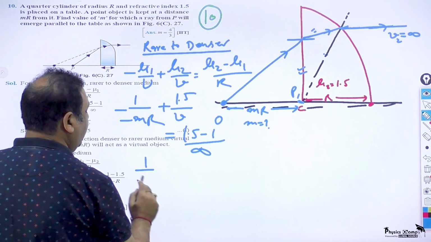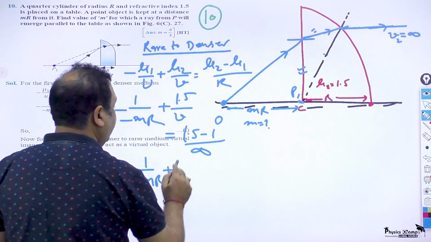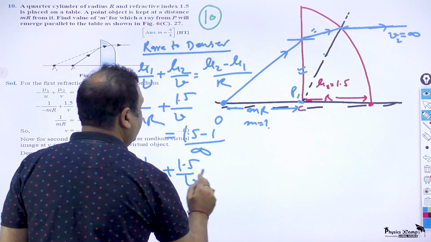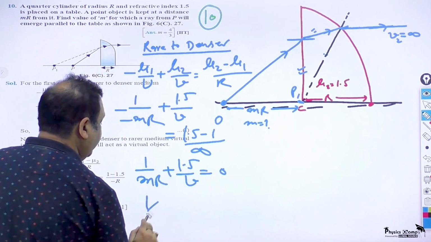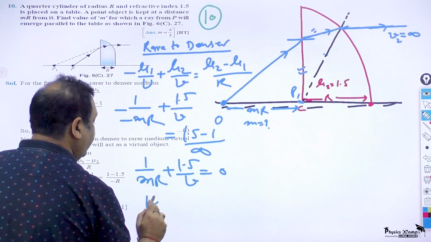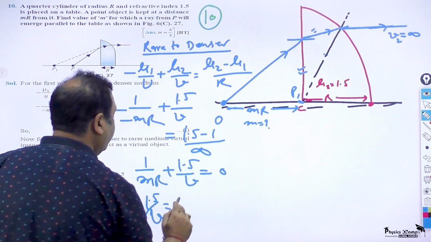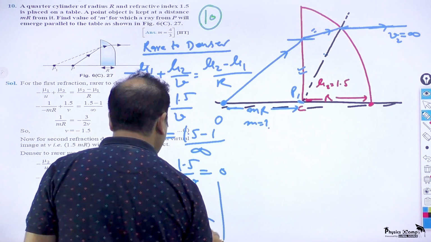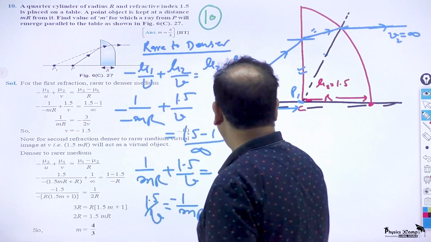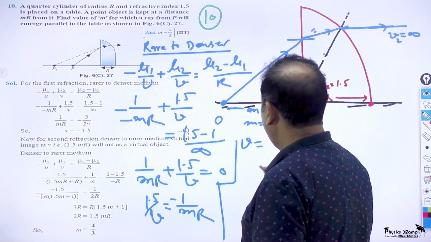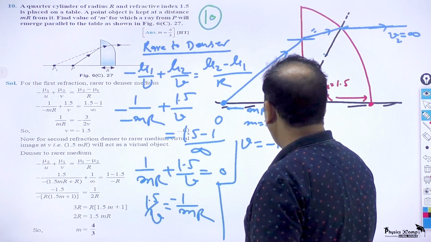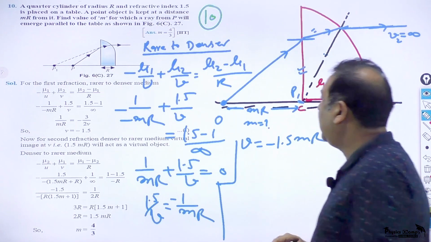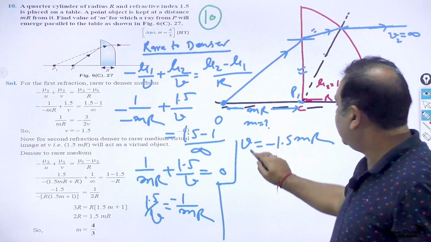So it is 1 by mr plus 1.5 by v equal to 0. So 1.5 by v is equal to minus 1 by mr. So from here we get v, and that v comes out to be minus 1.5 mr. I call it v1.